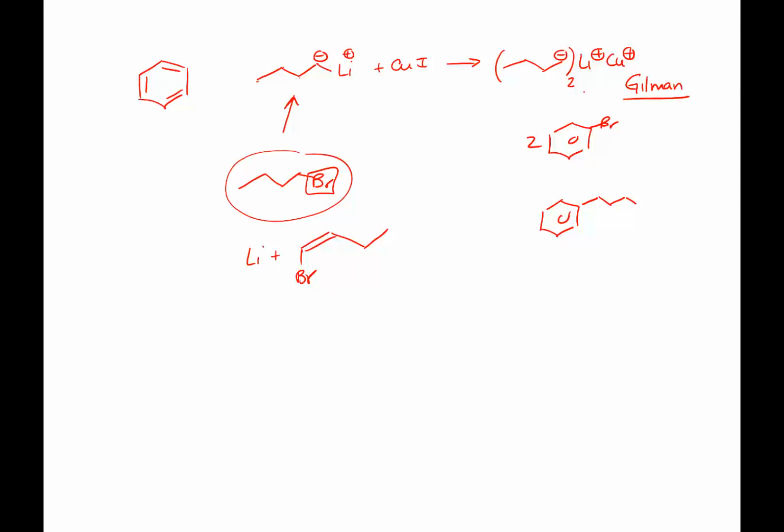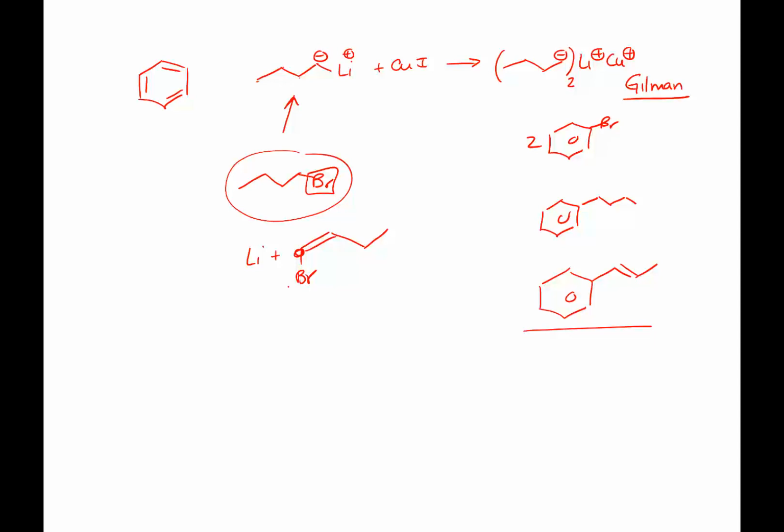So if I followed the same exact methodology, it would end up like that. Okay, so it's this carbon that I'm going to end up adding to the benzene ring. So I would actually be able to make that in one method. So the idea is if I know what I want over here, just make that alkyl bromide over here.